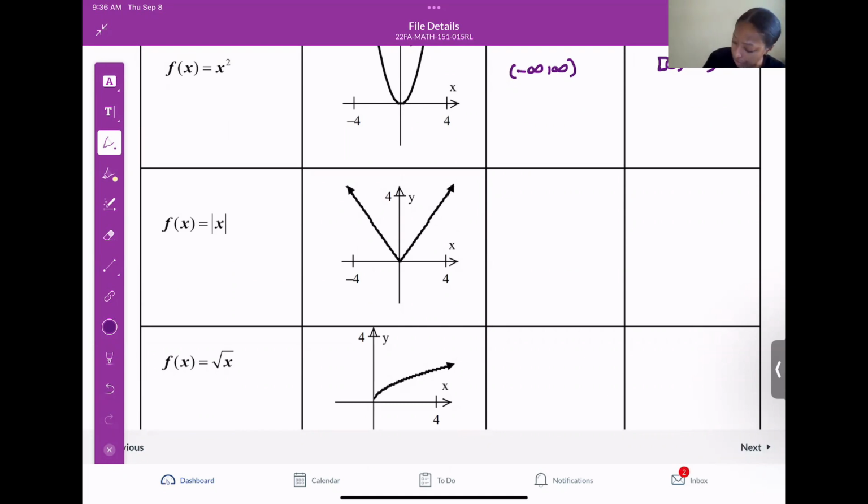So it continues to increase. The domain here is going to be all real numbers. We can take the absolute value of any number. But what happens with the absolute value? It takes whatever number you plug in and makes it positive. So our outputs can only be positive numbers or also 0, so non-negative numbers. Bracket 0 to infinity. That's our range, all of the possible outputs.